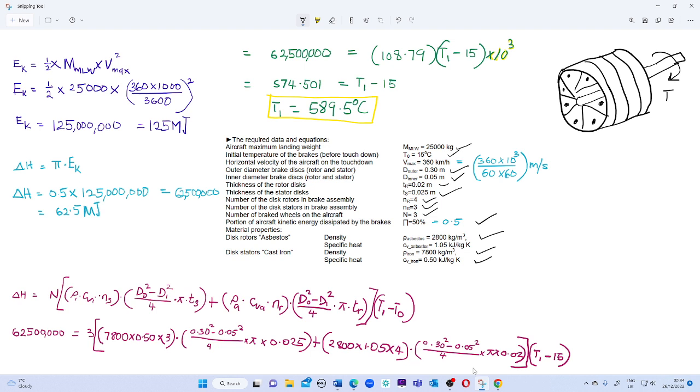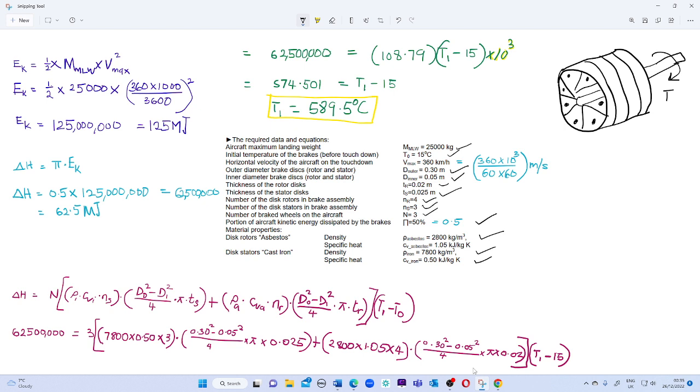Now, with all these numerous inputs and data given, how do we calculate the landing temperature of the brake of the aircraft, which is T1?